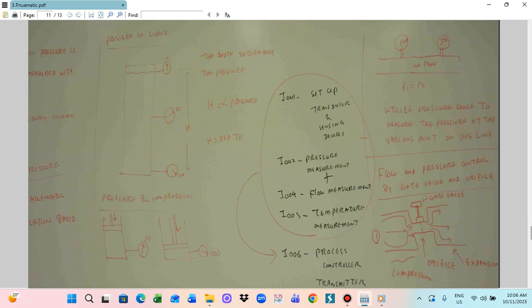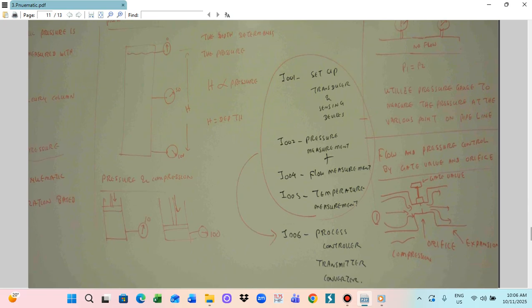So the pressure also depends on the compression. So this is the piston. Normally the piston is at this position, so the pressure will be 10.